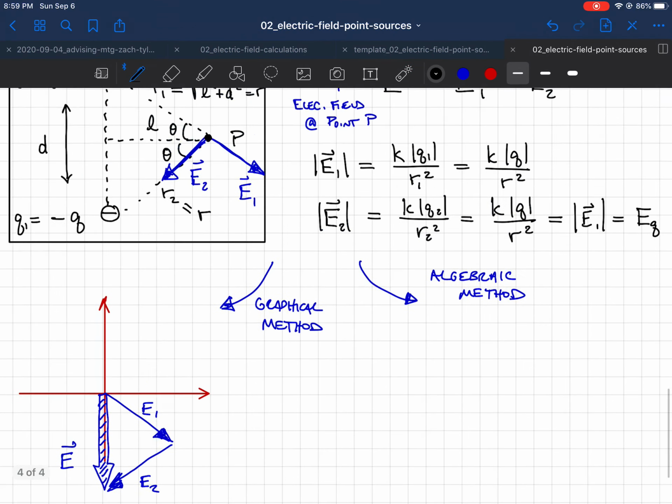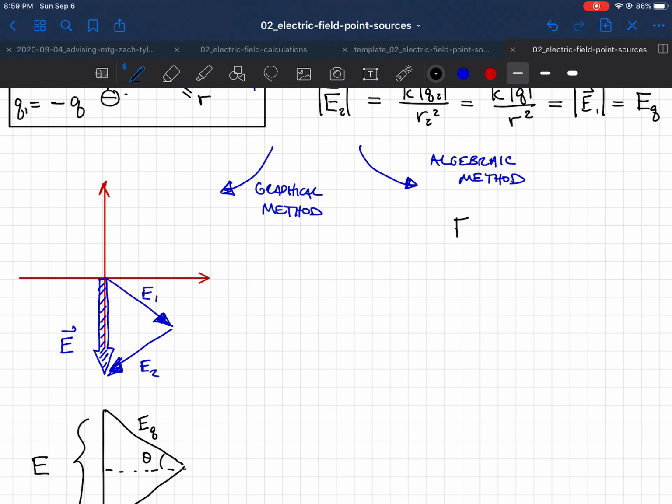The algebraic method is we just, let me rewrite the equation. Our equation we're trying to solve is E vector is equal to E1 vector plus E2 vector. And as a vector equation, we have to break it up into components. So again, I'll take a coordinate system, x and y, and let's look at the x component first.